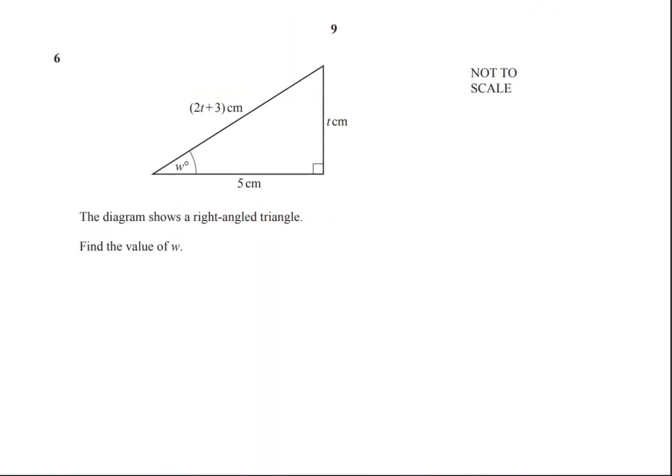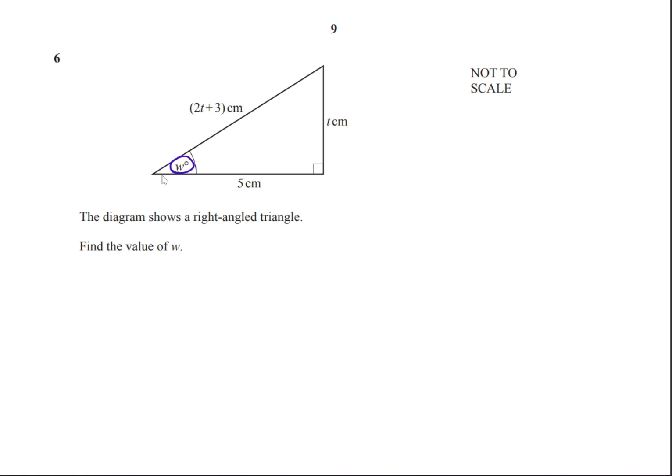For question number 6, the diagram shows a right angle triangle and find the value of W. I can see here it is a right angle triangle. So I can use Pythagoras if I am searching for a side, or I can also use the trigonometric ratios, which are sine, cosine, and tan, if I'm searching for an angle.